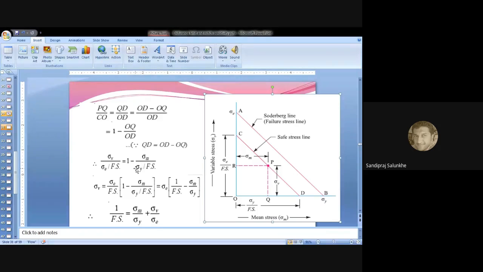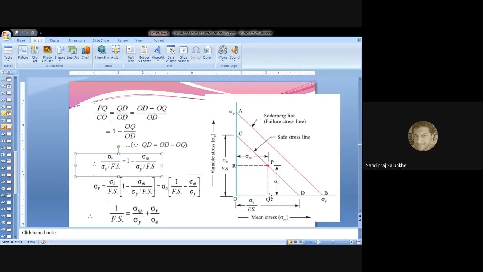Further, we will solve this equation. But here I want to mention one more thing: the factor of safety which I have considered in case of the endurance limit and in case of the mean stress. The mean stress is not changing its value for the given application. If you select a different load cycle, it will become different, but for the same load case that we are studying, the mean stress value will remain constant.